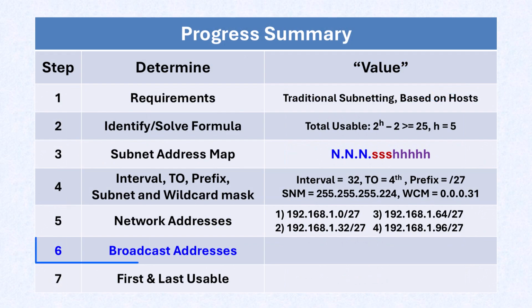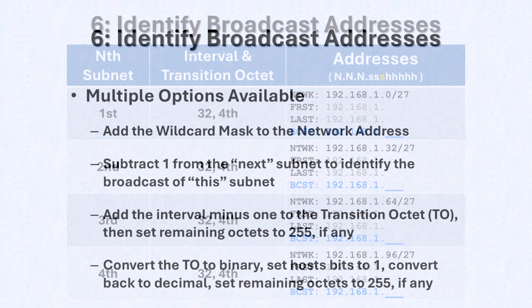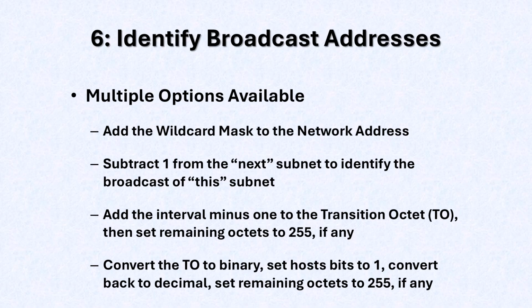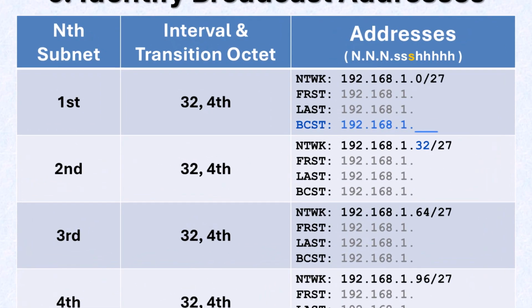In step 6, we determine the broadcast addresses. A few options are available. Some of them are listed here. Feel free to pause the video to review these. To get the broadcast for subnet 1, subtract 1 from the transition octet of subnet 2.